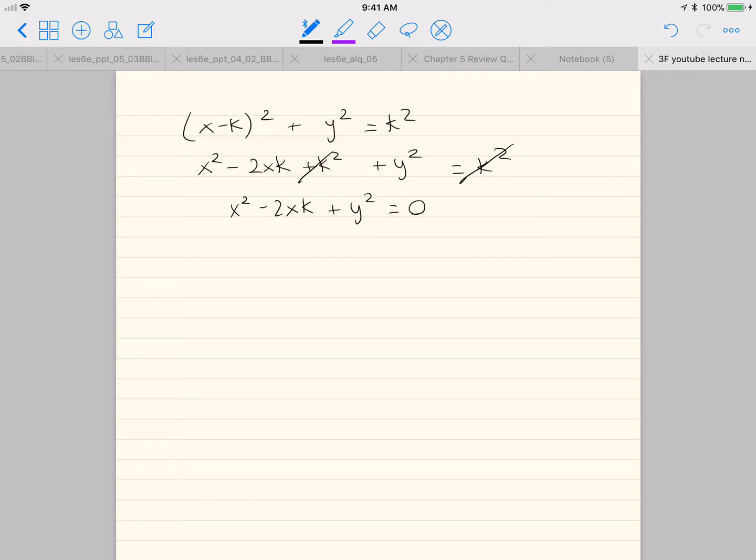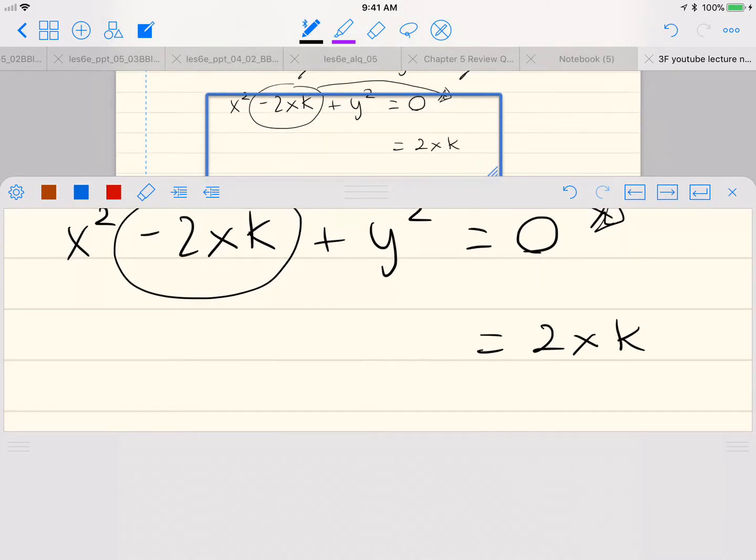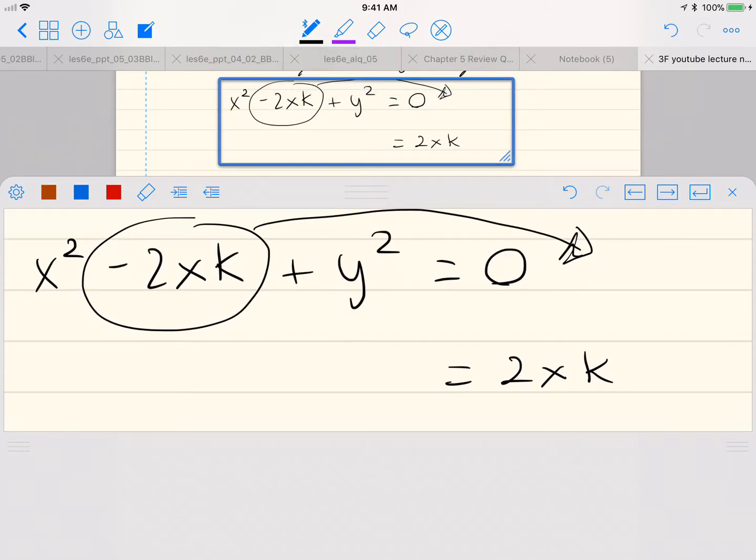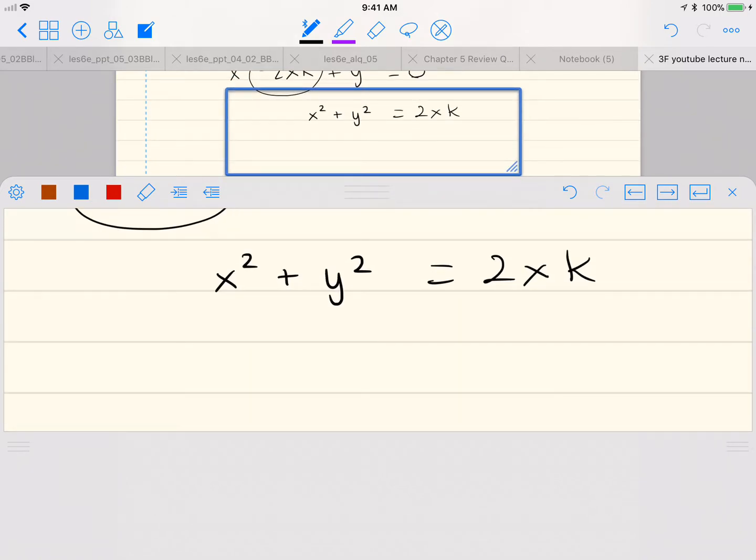Okay, so I'm going to bring that to the right-hand side, so I'll have 2xk equals x squared plus y squared. So now I can solve for k. k is equal to (x squared plus y squared) over 2x.